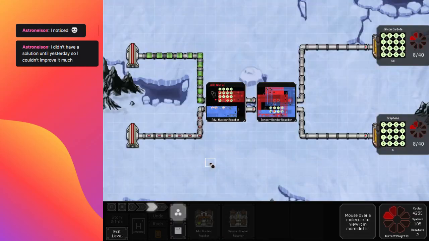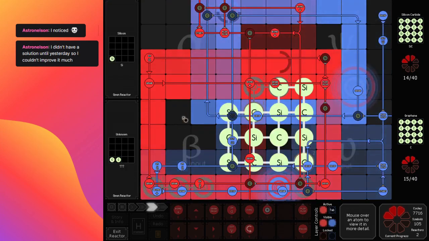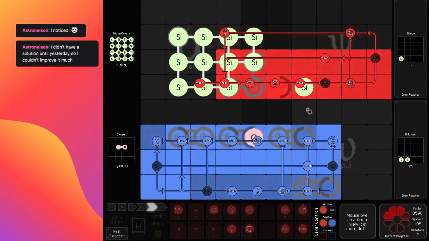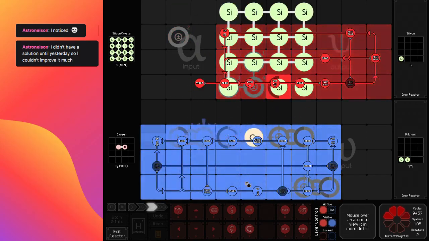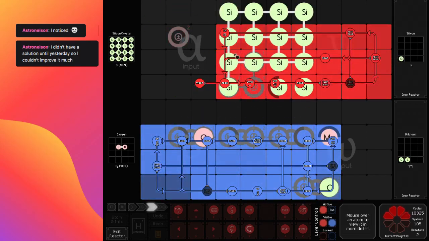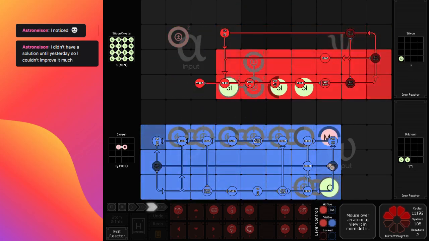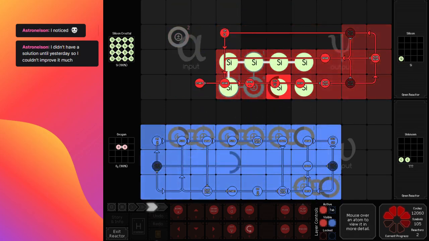And 2 reactors, 105 symbols, just 2 symbols less. You might be wondering why this doesn't stall the previous reactor, and that's because this is really just 2 half reactors. There's no dependence on this output from this output, so it will always run.